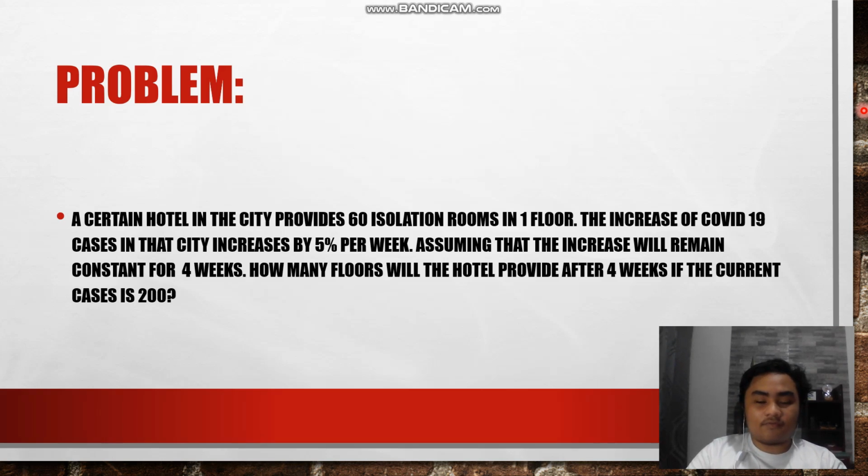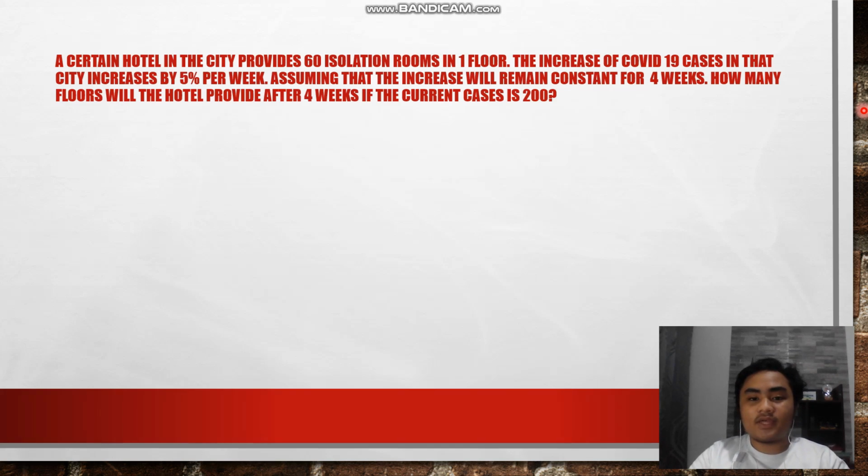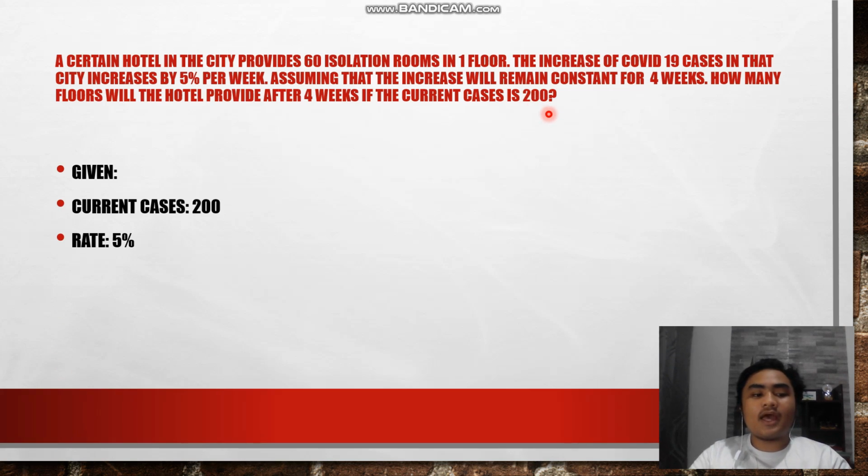Okay, so the first step that we need to do is to identify the given. Our given is the current cases, which is 200, and the rate, which is 5%. Now, let's recall. When we say current cases, it is the cases right now, at this moment.